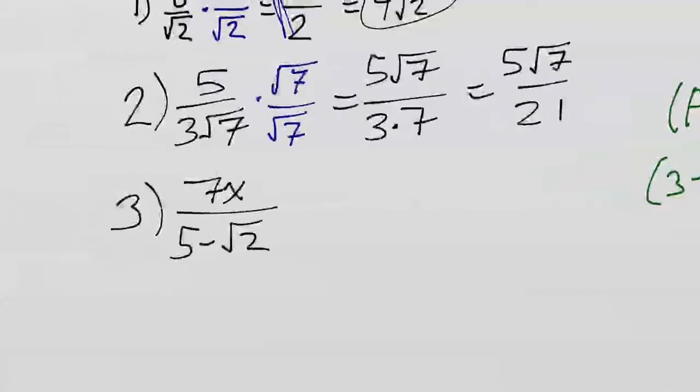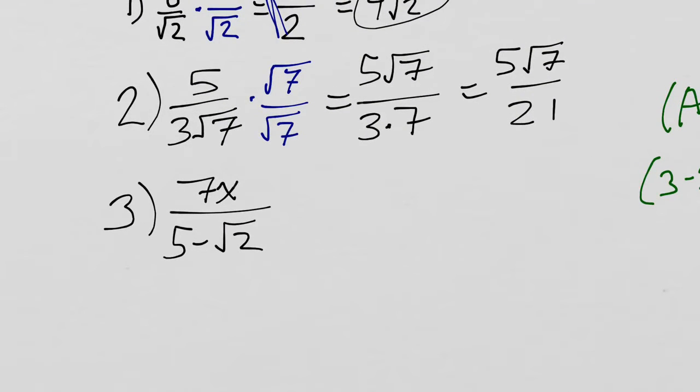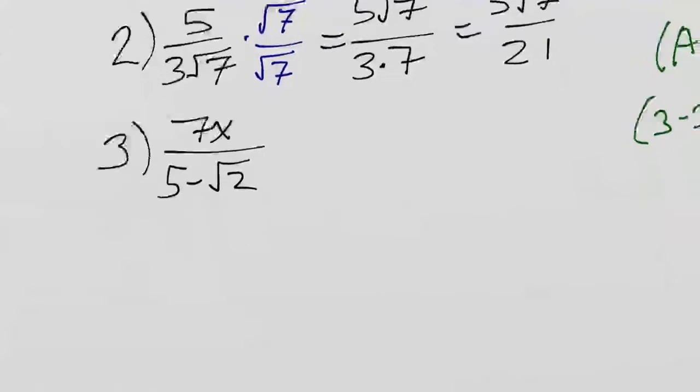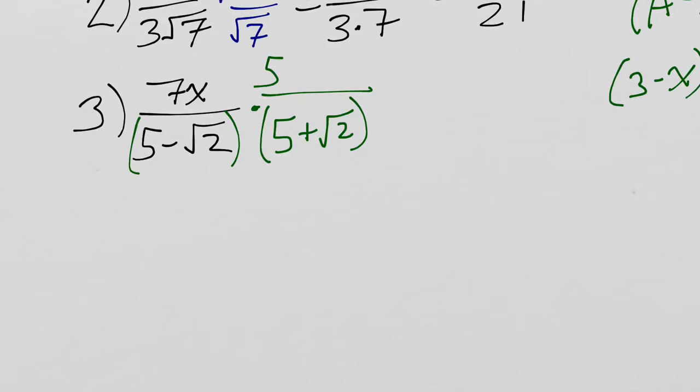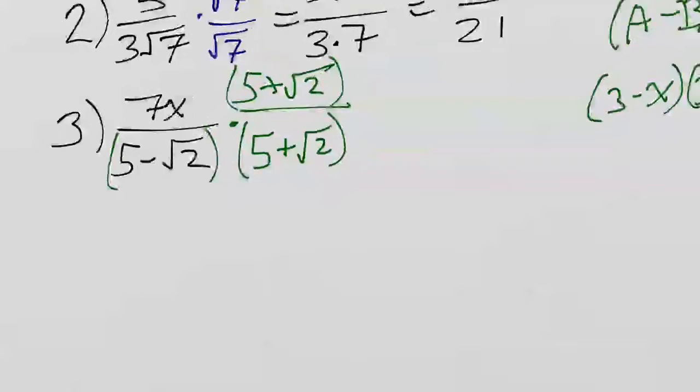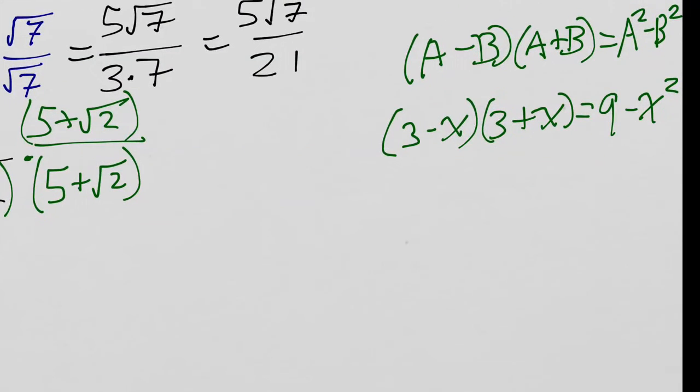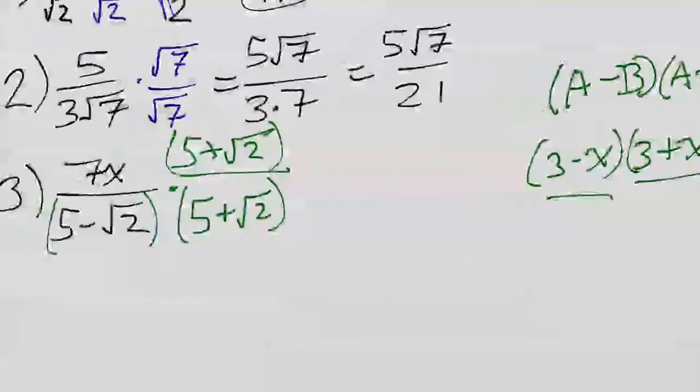I care because, remember, squaring a square root is going to liberate the square root. So now I'm going to be able to multiply both the top and the bottom by 5 plus the square root of 2. Because when I do that, I end up with this pattern here: 3 minus x times 3 plus x gives me 9 minus x squared.